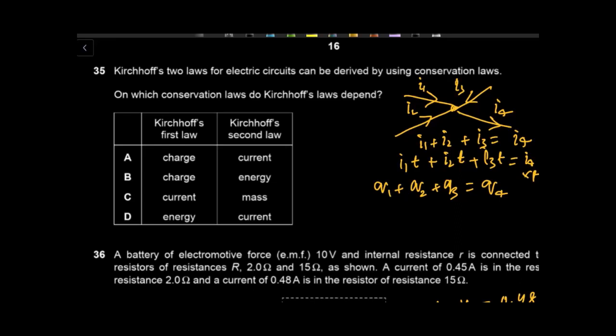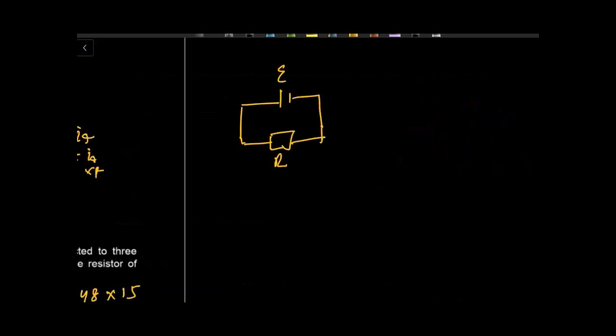Now for the second law, the sum of potential differences across all elements around any closed circuit loop must be 0. If I apply Kirchhoff's law here, we can write E minus IR is equal to 0. If the charge moves around a closed loop circuit, it gains some energy. If current is flowing, it means some charge is flowing in this circuit.